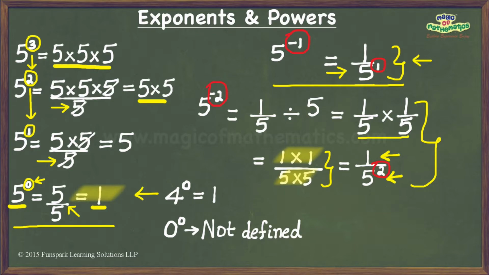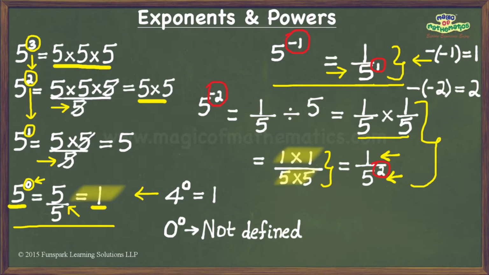We know that 1 is the negative of minus 1, or in other words, negative of negative 1 is 1. Similarly, negative of negative 2 is 2. So, when we encounter a negative exponent, we need to find the negative of the exponent, or in other words, remove the negative sign so that we get an expression with a positive exponent, and then take the reciprocal of the expression so obtained.